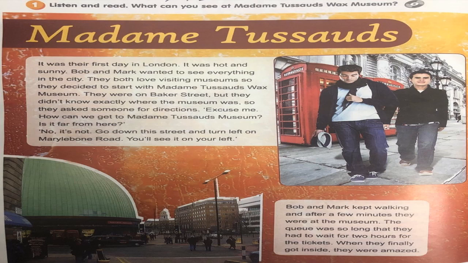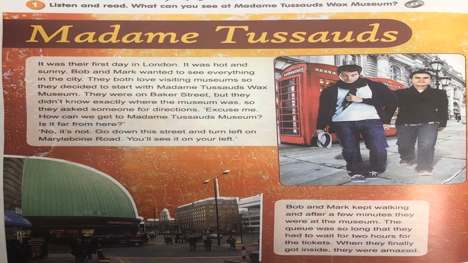Excuse me, how can we get to Madame Tussauds Museum? Is it far from here? No, it's not. Go down this street and turn left on Marylebone Road. You'll see it on your left. Bob and Mark kept walking, and after a few minutes, they were at the museum.